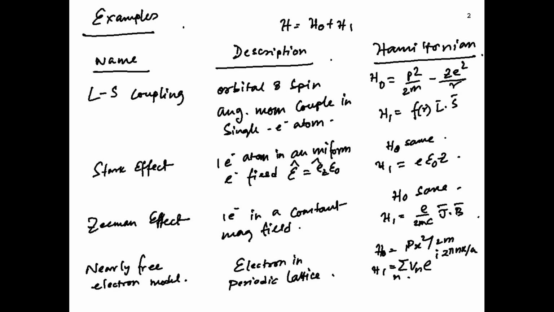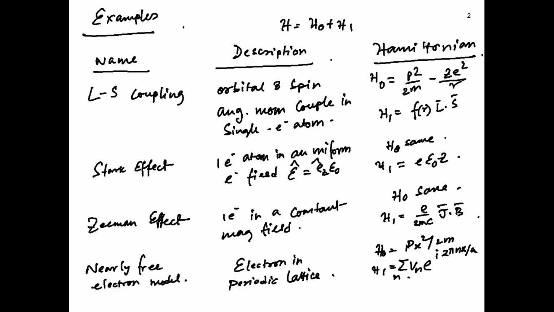Then there is another class of problems which are extremely relevant in solid state physics, which is the nearly free electron model. Normally we model a metal as an electron roaming inside, as if it's roaming like a gas particle inside a box, the box being the material, but it is of course not true.